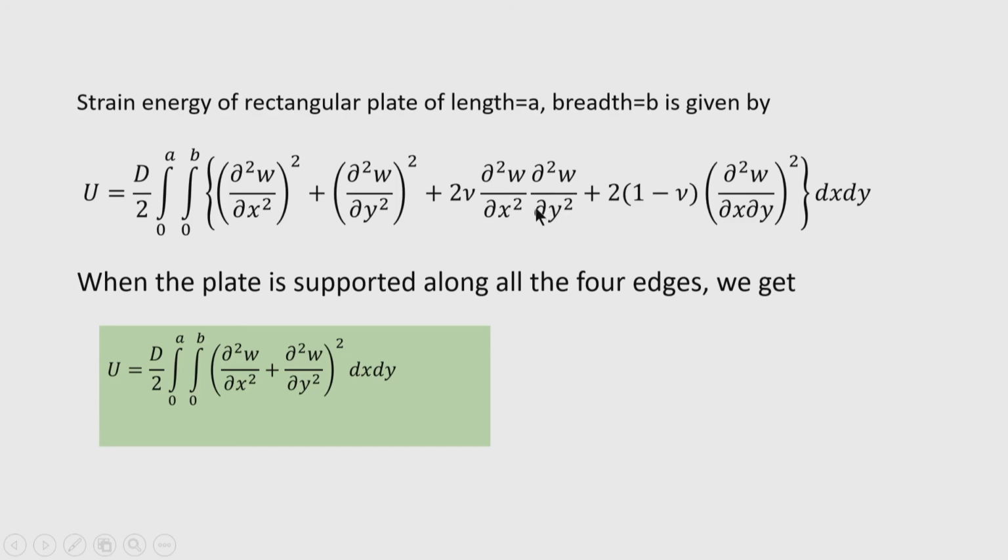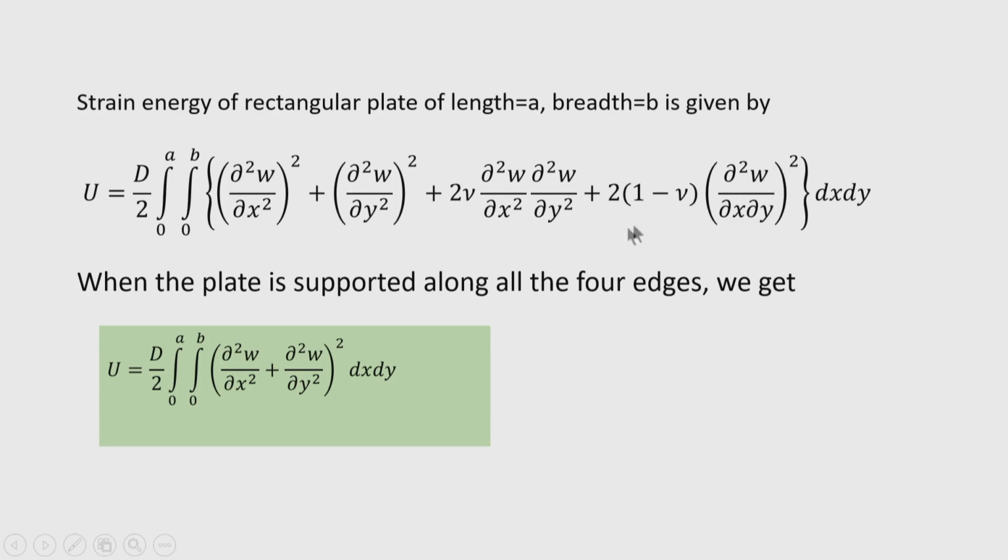Then we can write this expression in this form: del square w by del x square plus del square w by del y square, whole square, minus some term which contains the product of del square w by del x square into del square w by del y square minus del square w by del x del y whole square, that I have discussed in the last class.